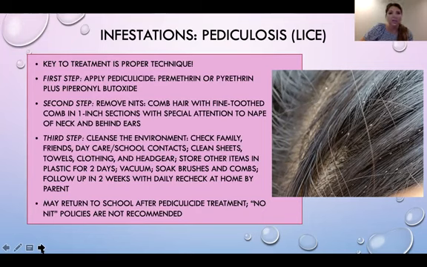So the best method to treat is just making sure that parents have the proper technique to get rid of this. If they're not doing all of these things, then it's going to be really hard to fully get rid of this. So the first thing is to apply the permethrin. Permethrin is always what I prescribe.